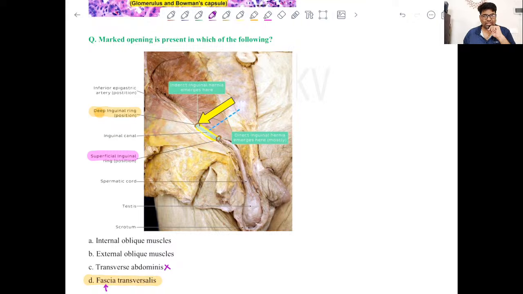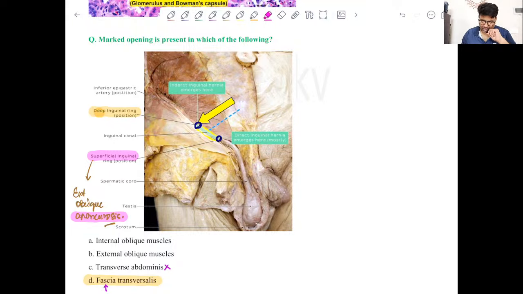It is not the muscle proper, it is the fascia of the muscle. So this is the deep inguinal ring here in the fascia transversalis, and the superficial inguinal ring is a defect in external oblique aponeurosis. Again, please note that it is not the muscle proper, it is the aponeurosis part.